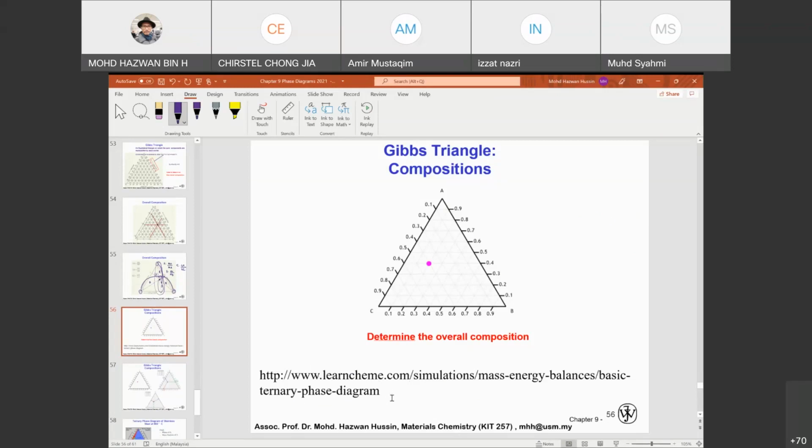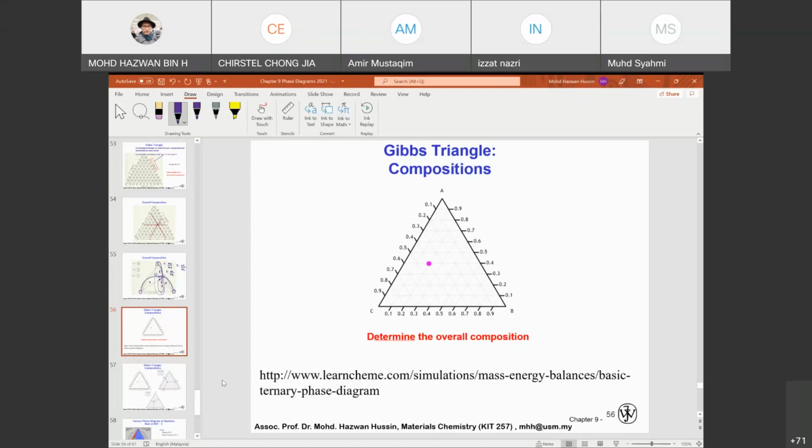This is a simulation software, I think developed by some groups at the University of Colorado, Department of Chemical and Biological Engineering. What they developed is a simulation in order to calculate the fractions or the composition of the points. So you can copy the link and try the simulation.